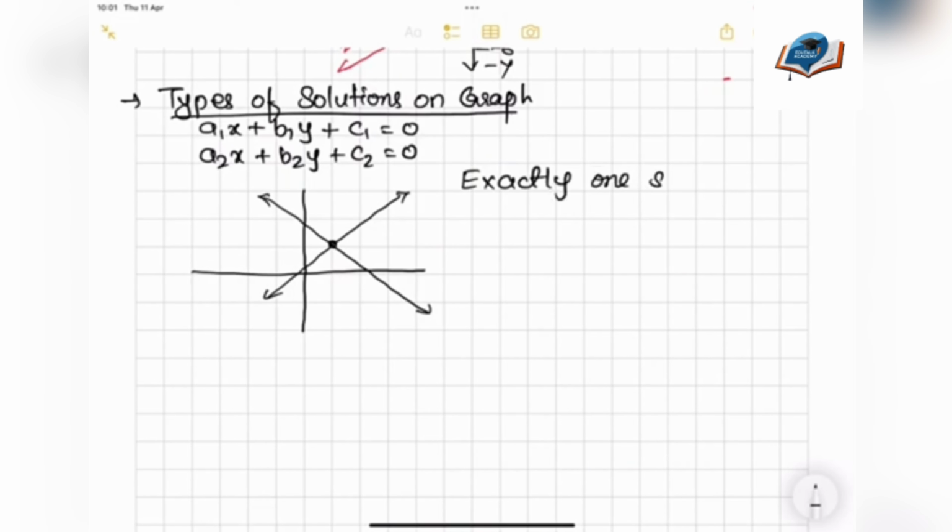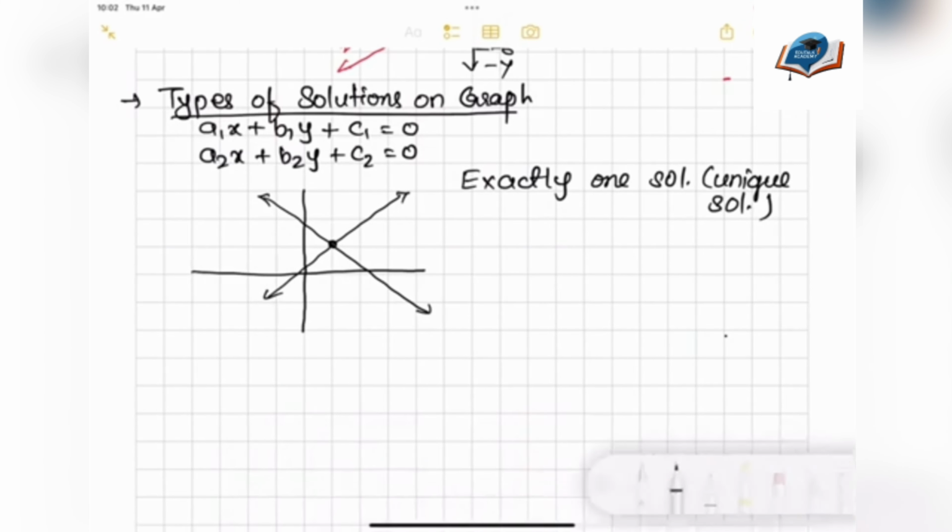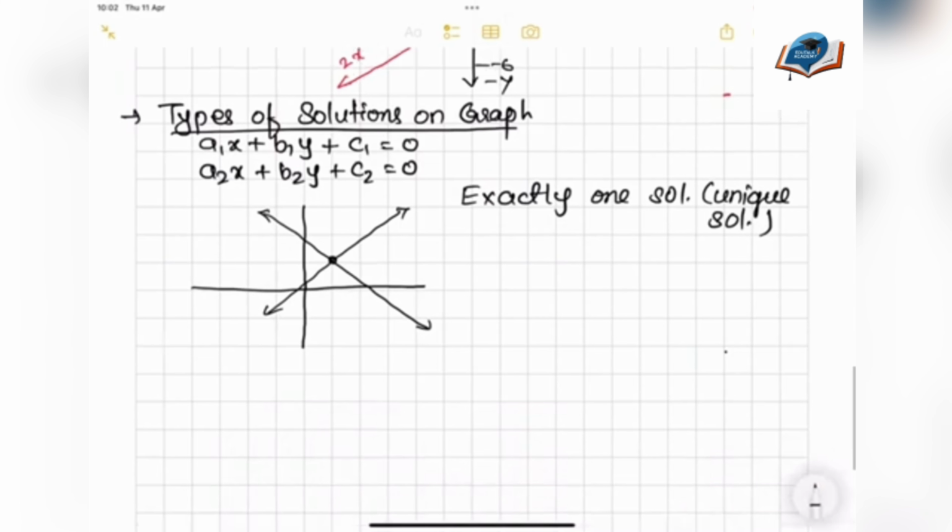The point where both of them meet is called the intersecting point. If two lines are there, they will meet in exactly one point, and it is called a unique solution. It is not possible that they will cut each other at more than one point.